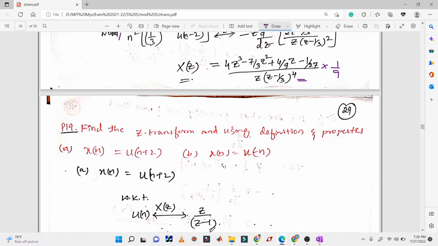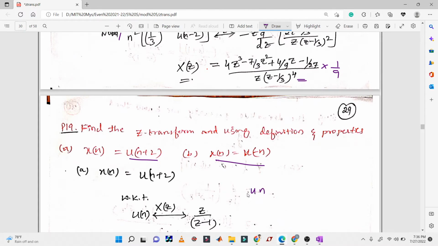And these two problems, this one we have already solved. This one is u of n plus 2. What is this property? Anyone, can you tell what is the property we have to use for u of n plus 2? U of n is already given.